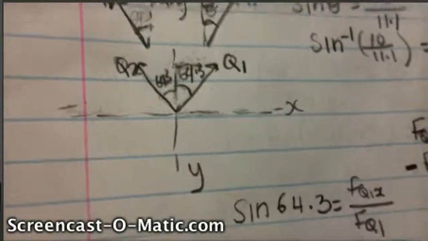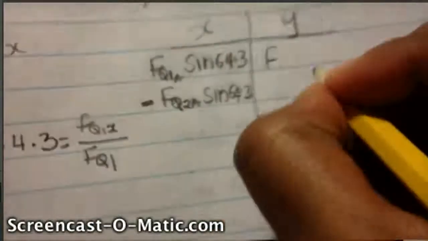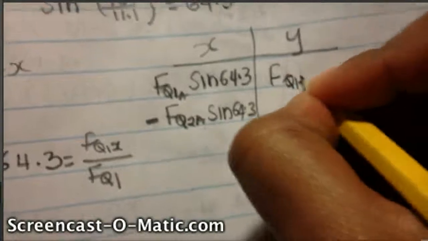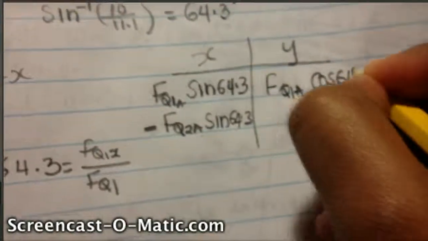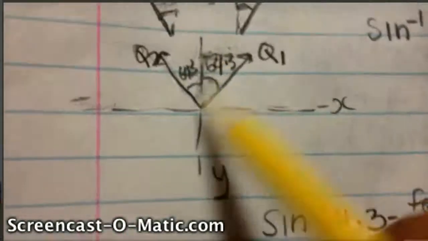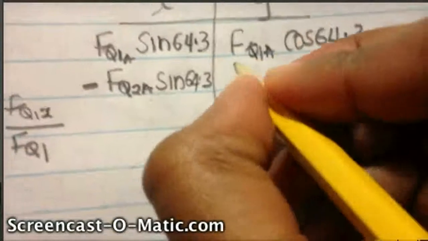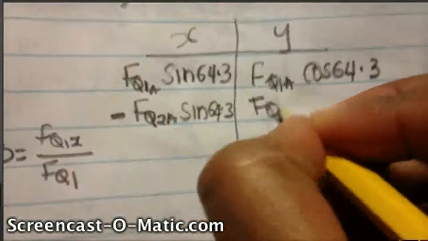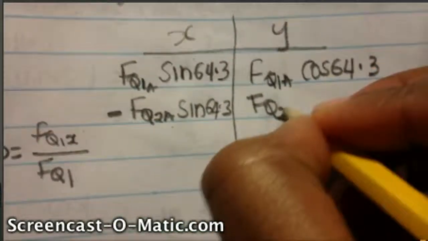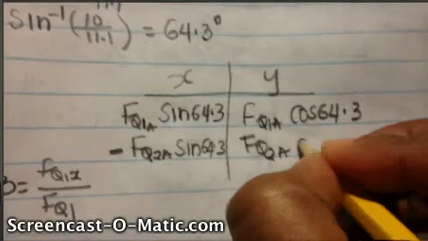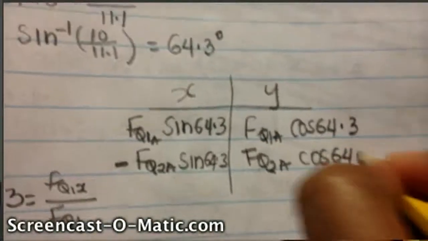So that's going to be F of Q1 cos 64.3. And since the magnitude in the y direction is also positive, this is also going to be F, the charge of Q2 on A, cos 64.3.